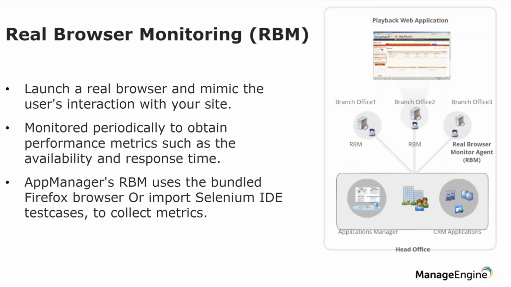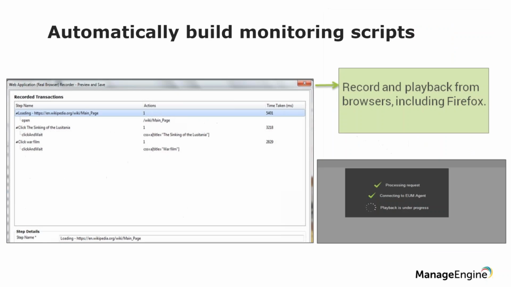So what has to be done? You have to record a playback of the website, and you have to install the EUM agent on a branch location or different geographical location. Based on that, the playback will start to happen and data will be pushed to Applications Manager. So when you record a website, it will record and play back from the browser.